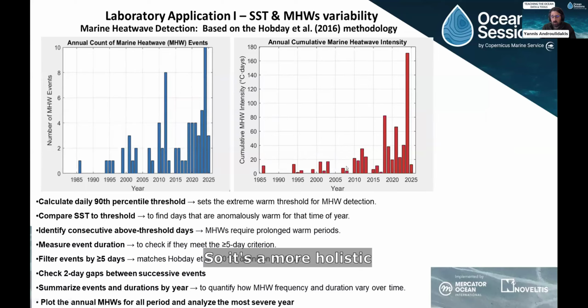So it's a more holistic statistical metric for marine heat waves, more information about these events. I'm not going to go to the details of the methodology. They can be found easily everywhere.